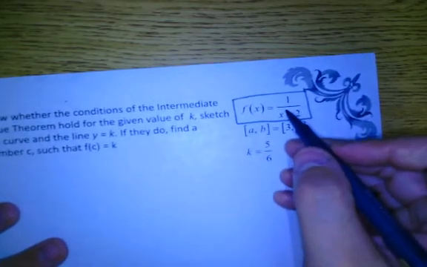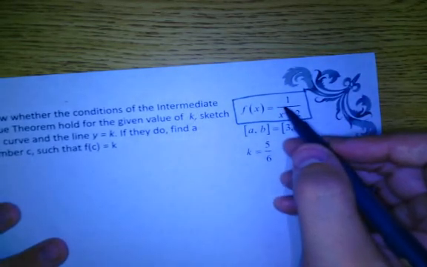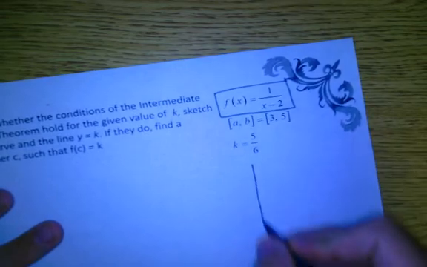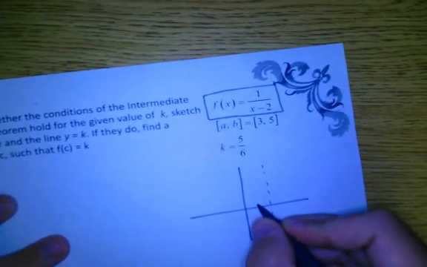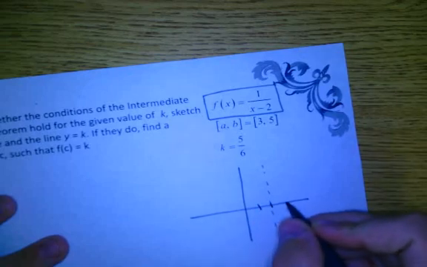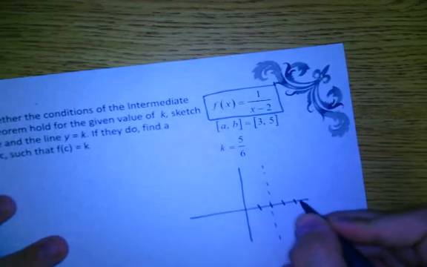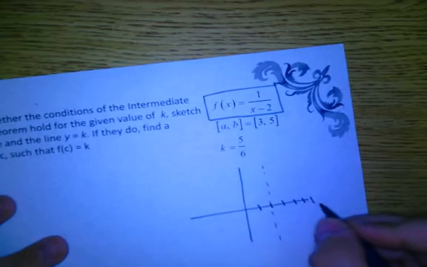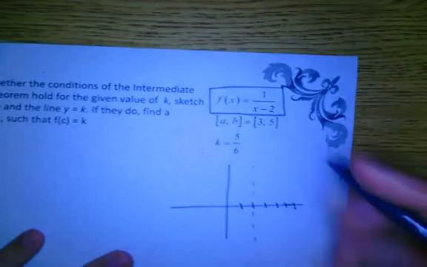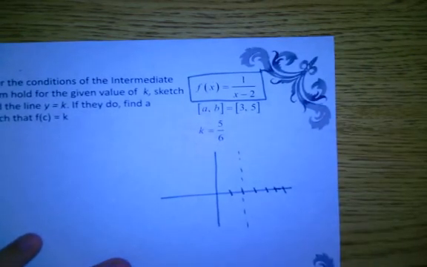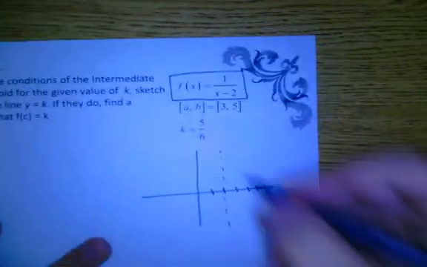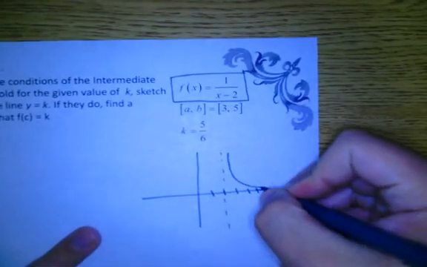It does help to know what this looks like. So this is actually just a rational function that got shifted over. So the function looks like this. It's got a horizontal asymptote at 2. So the function looks something like this.